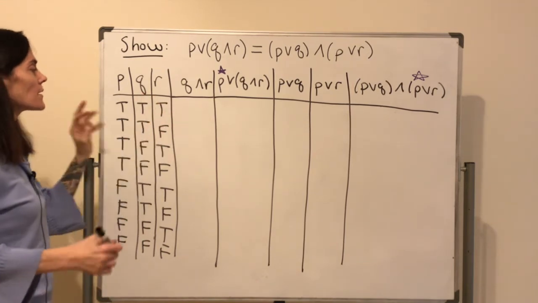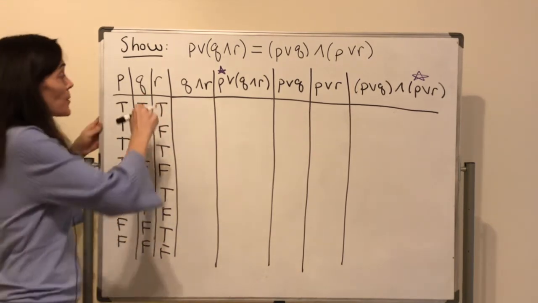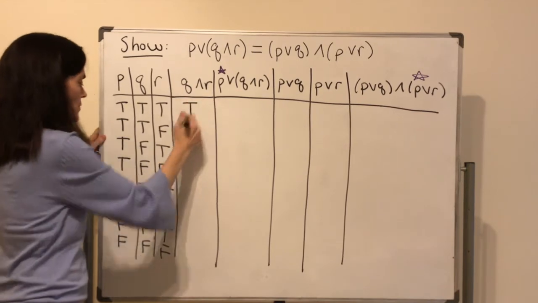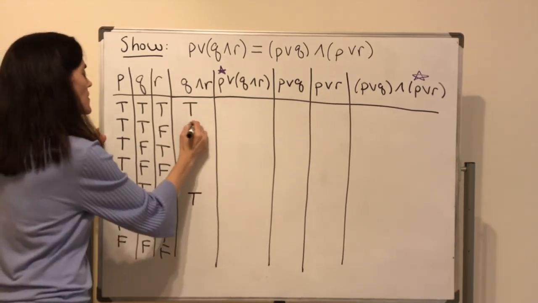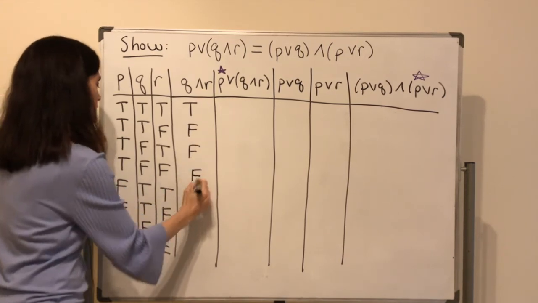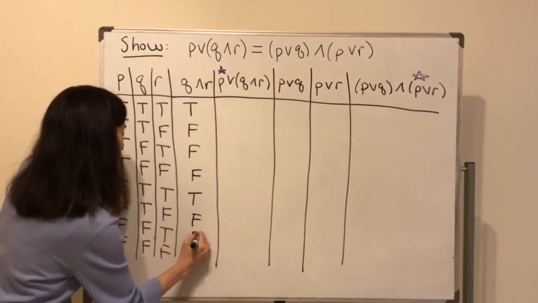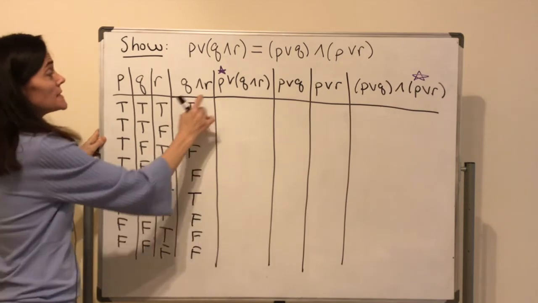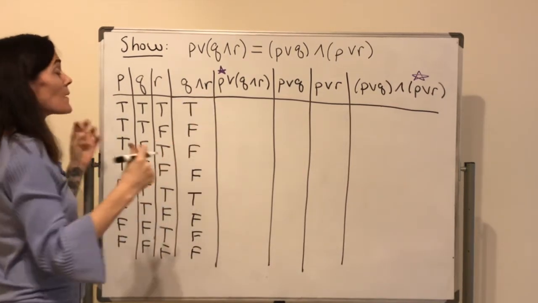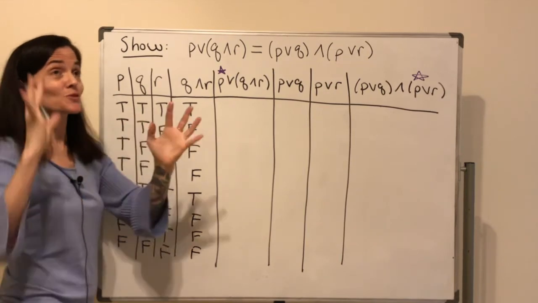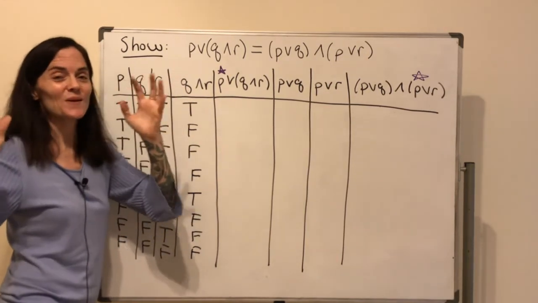Q and R is true only when both Q and R are true, which is here, and it's false every other time. Okay, now we take P, or this column. Now I'm ORing. So if I have a true in either one or in both, it's true.